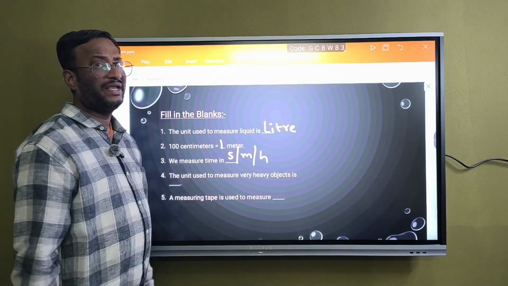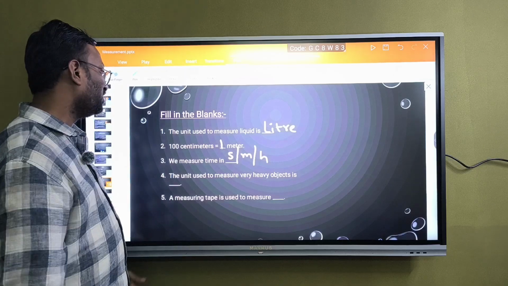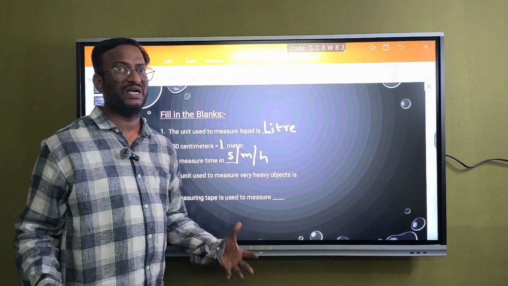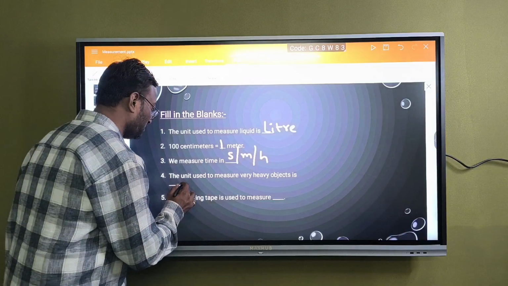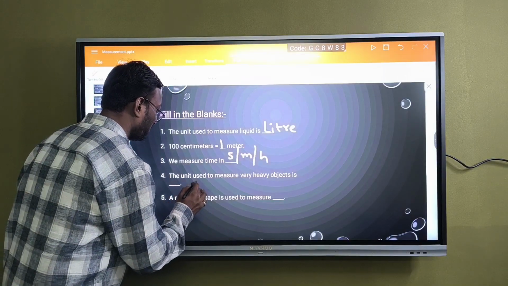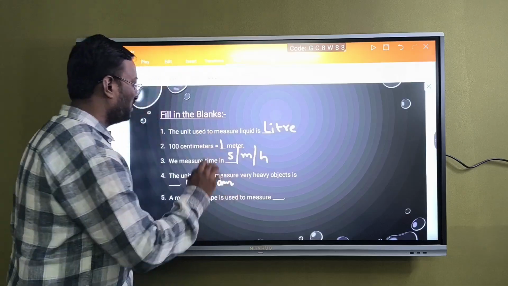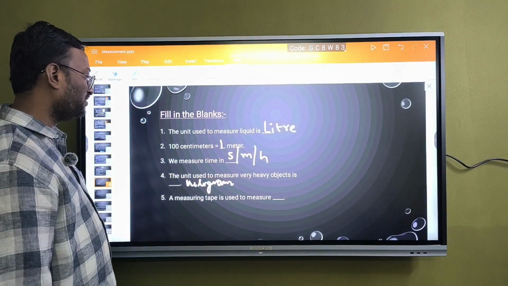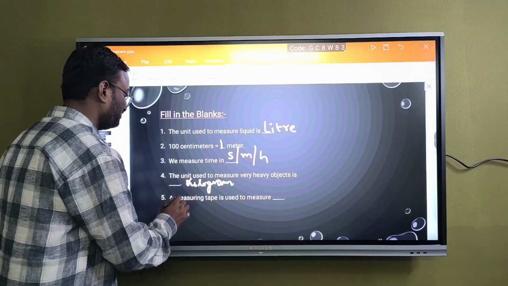Hours. The unit used to measure very heavy objects. In order to measure heavy objects, the unit is kilogram. Kilogram is the unit used to measure heavy objects.